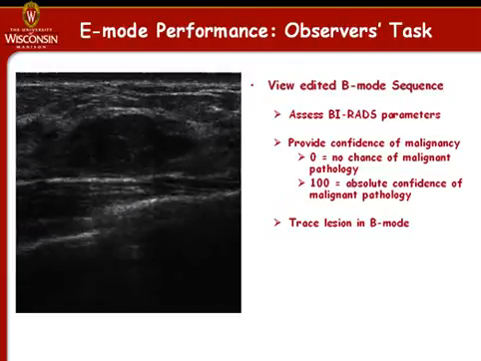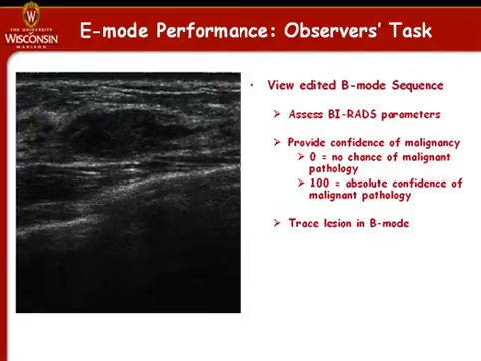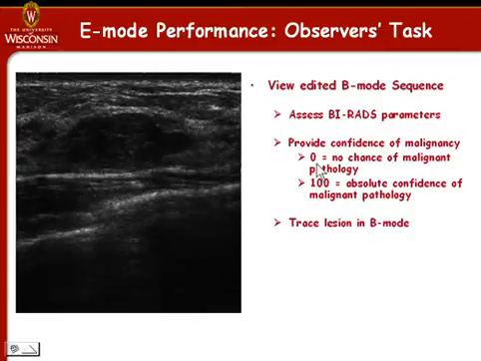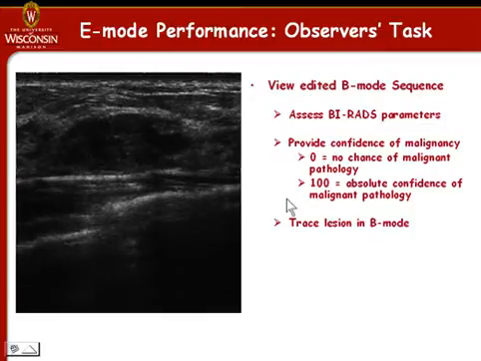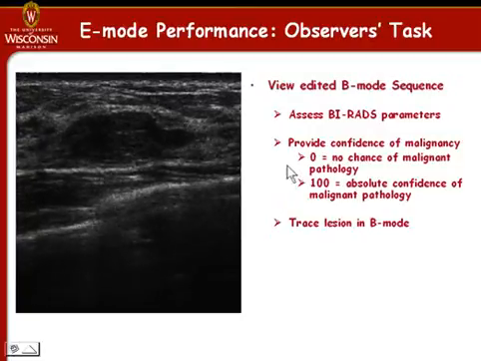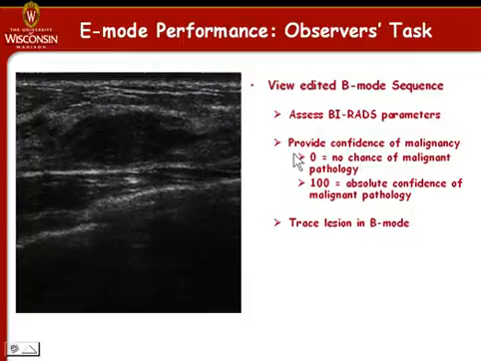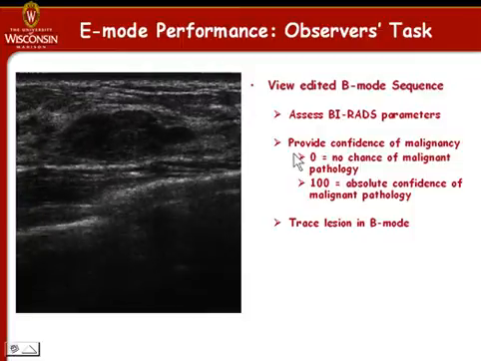Again, we asked them to do several things, but the most important in terms of this study was to view the B-mode image sequence and provide a confidence ranking of malignancy, some risk of malignancy. A rating of 0 would suggest that they believe there's no chance of malignant pathology.